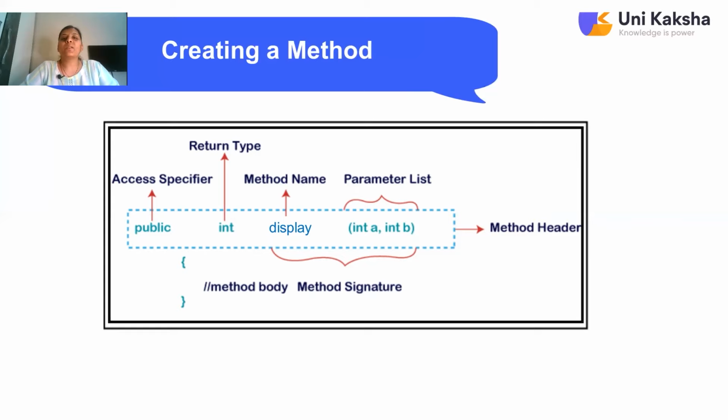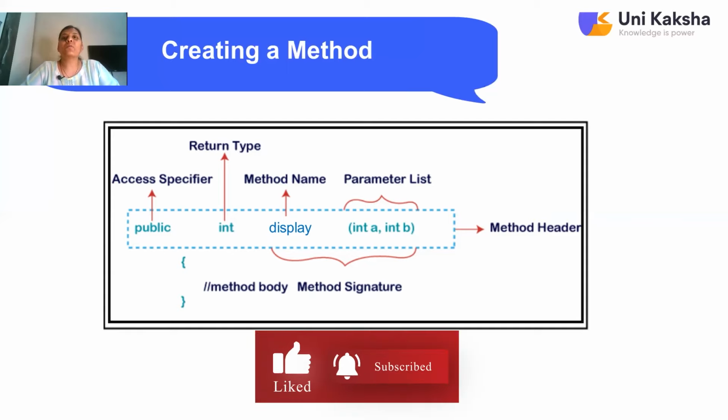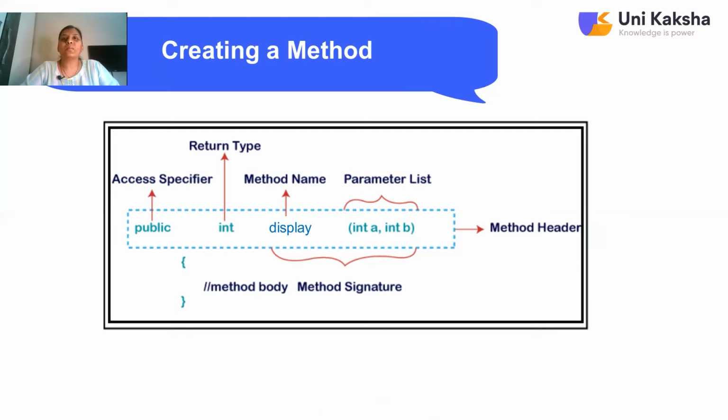Then next is the method name. The method name may be any name given to that method. You can include uppercase and lowercase characters. The rules are the same as for writing the names of variables. Then next is the list of parameters. Parameters are nothing but the arguments which you are going to pass with that particular method.